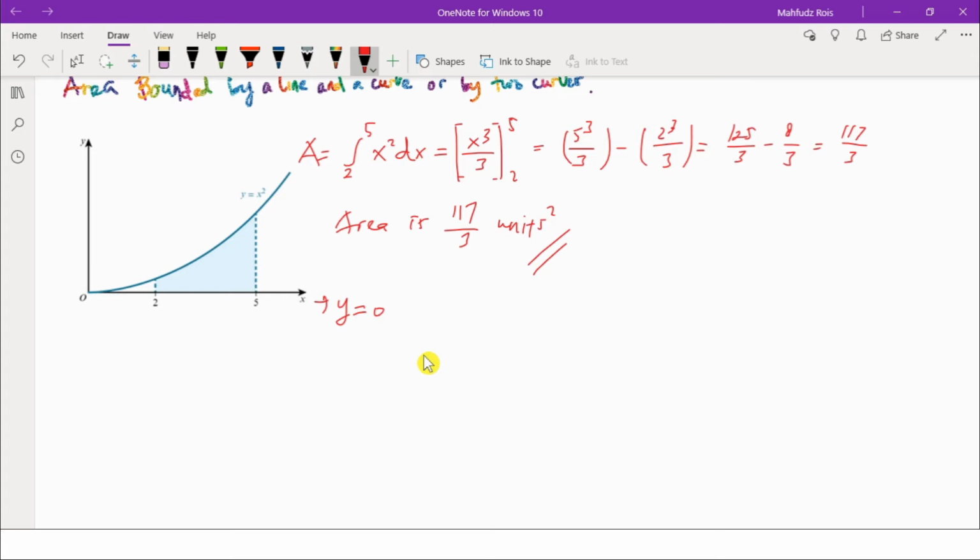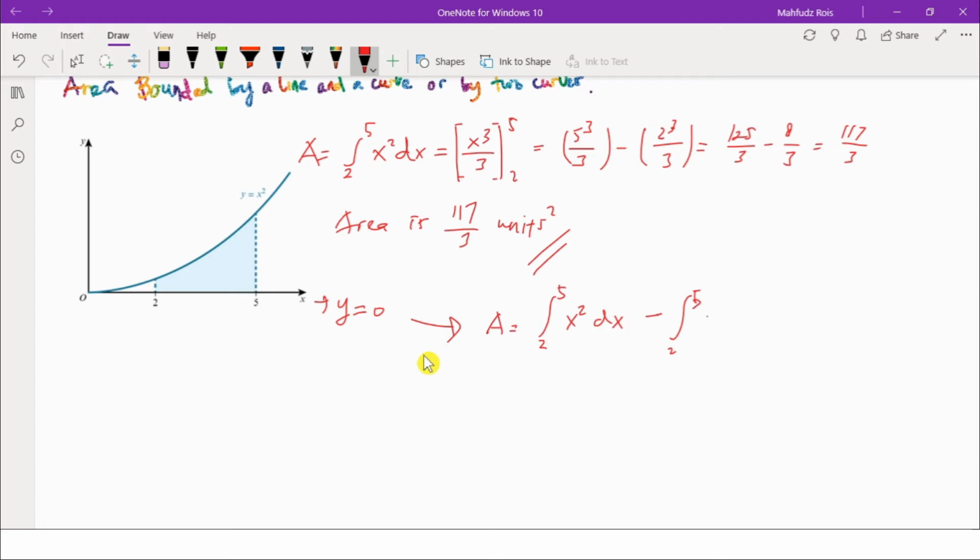If we perform it like this, the area will be the integral from 2 to 5 of x squared dx, right? Subtracted by the integral from 2 to 5 of y equals 0.